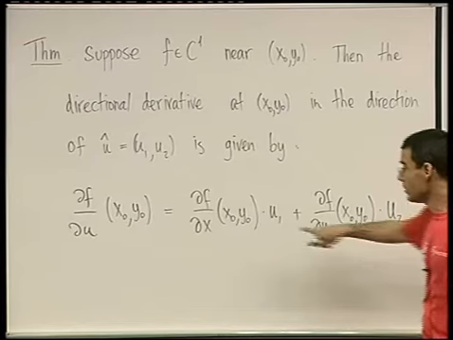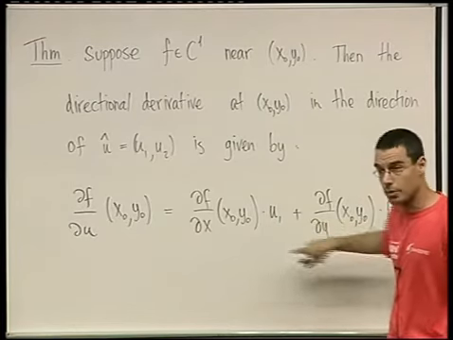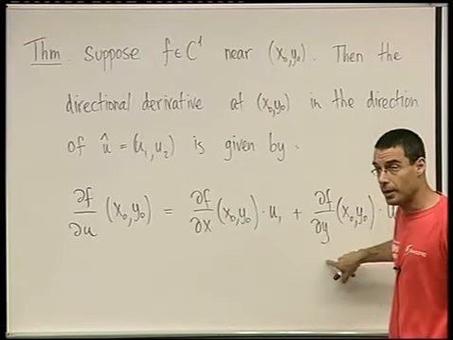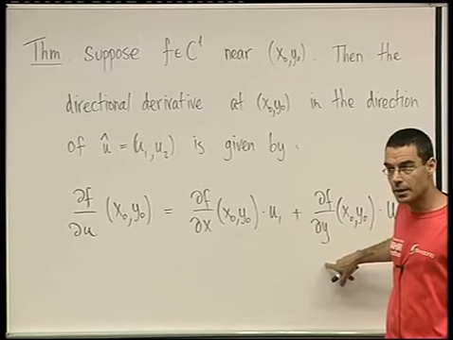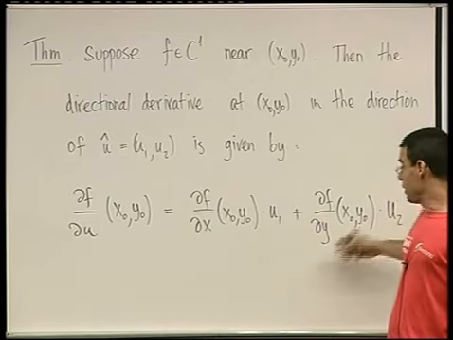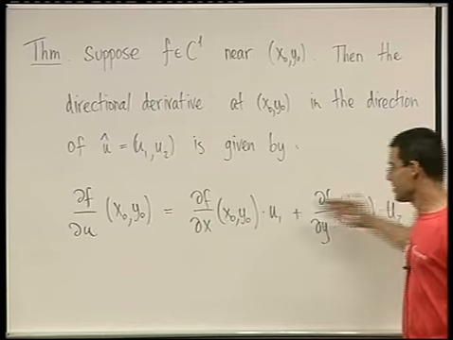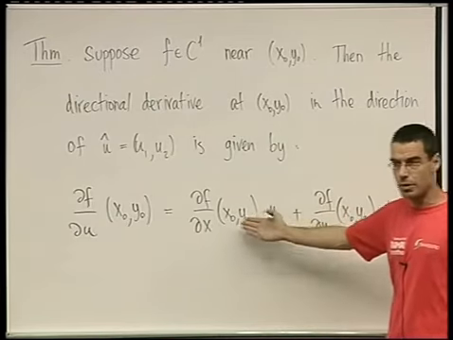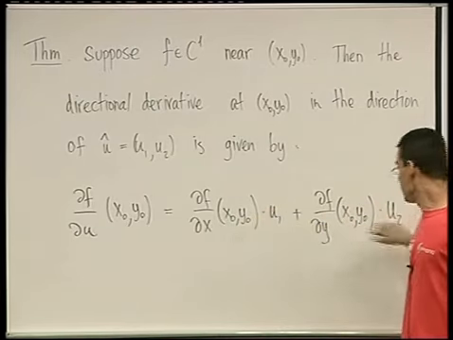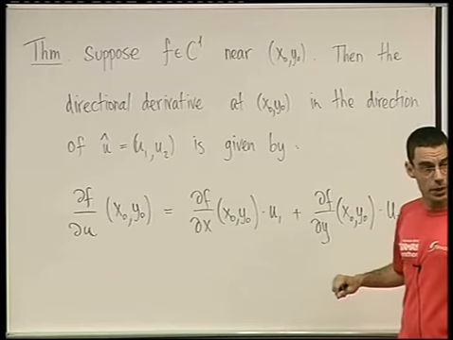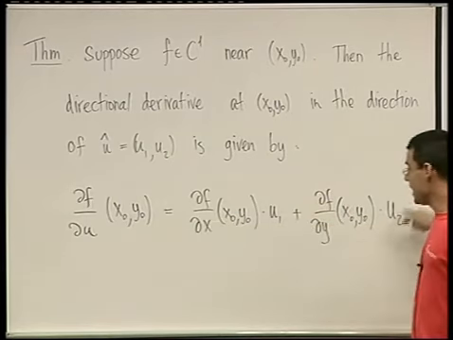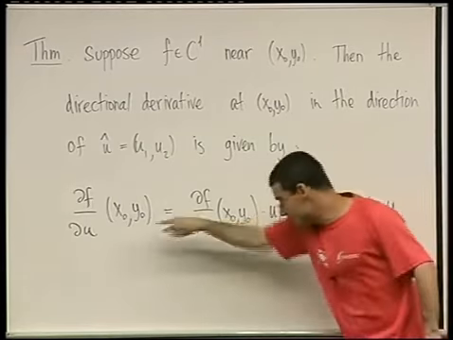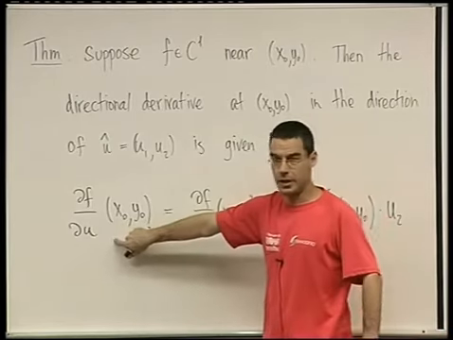We just found that both partials at (0, 0) for that function in our example are 0, right? Do you agree? Therefore, this right-hand side, this entire expression, is 0, no matter what u1 and u2 are.